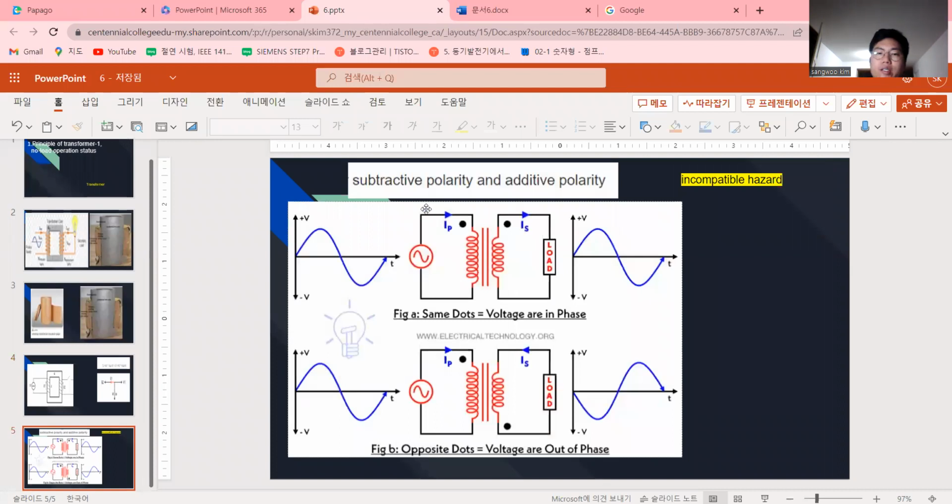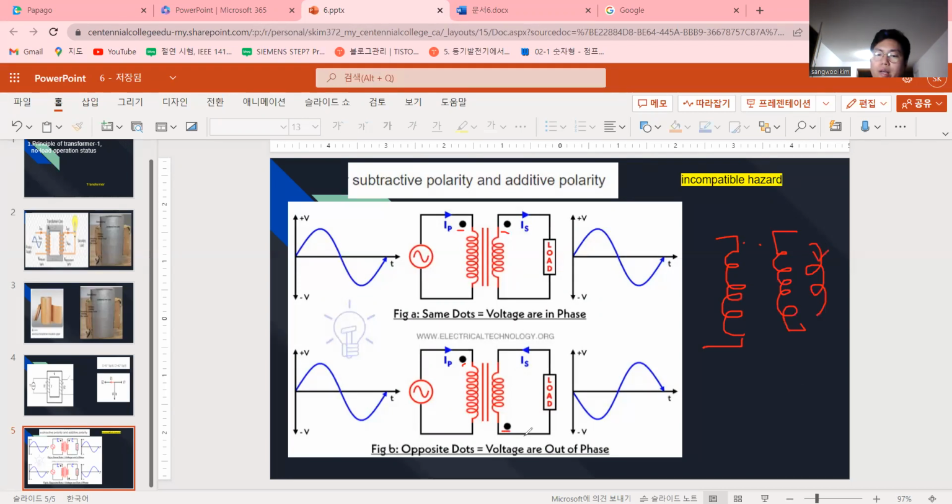And then here are the subtractive polarity and the additive polarity. What's the difference? You can see the dots here. What I mean is the wiring is like this, and here also the same, in the same direction like this.